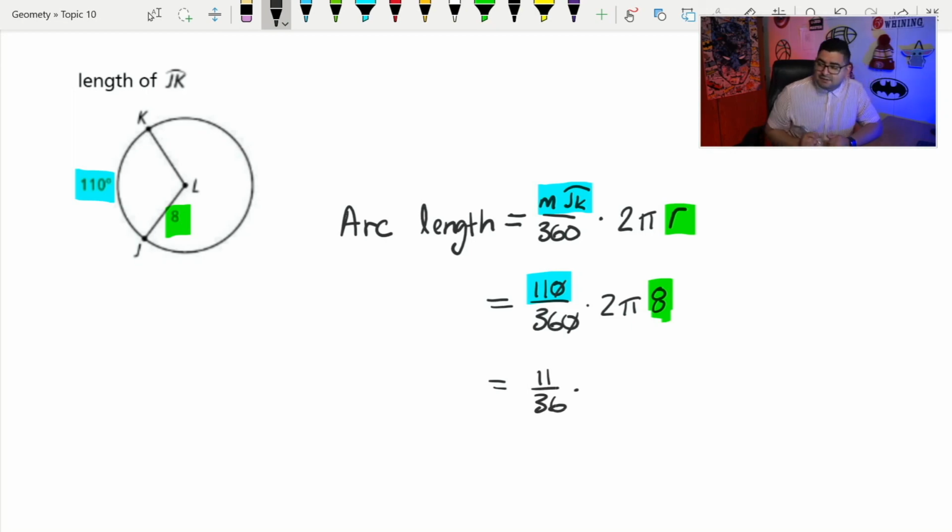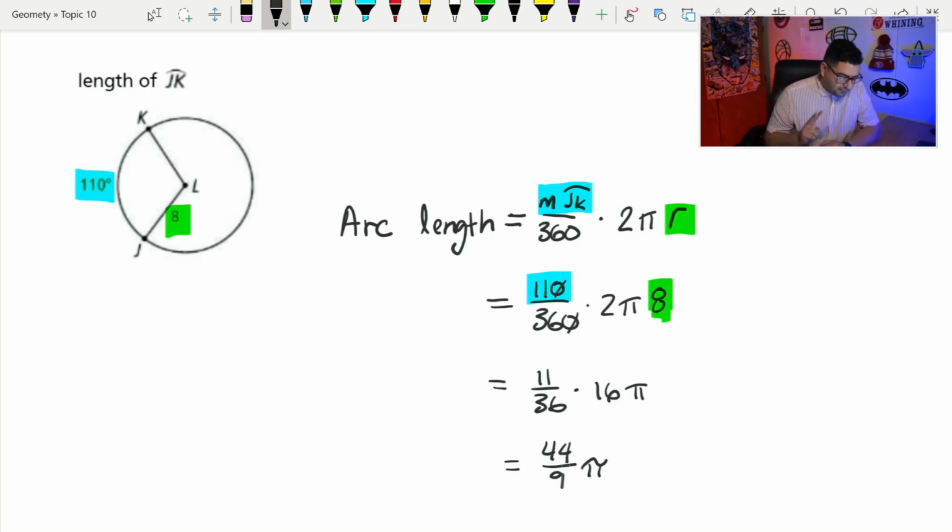If I multiply the 2 and the 8, I get 16 pi. Now I just have to multiply 16 times 11 over 36, which if you do this correctly, you'll get 44 over 9 pi. You might be intimidated because it involves simplifying fractions, but I'm sure you'll pick it up. Don't be intimidated. Use your brain. You can do it.